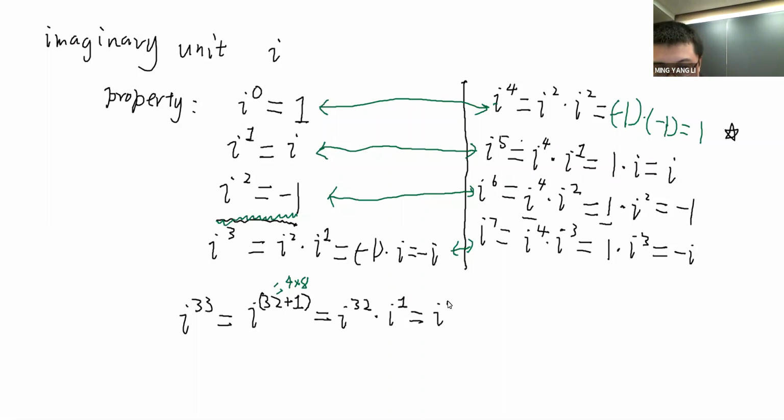So this is I to the power of 4 times 8, then times I to the power of 1.